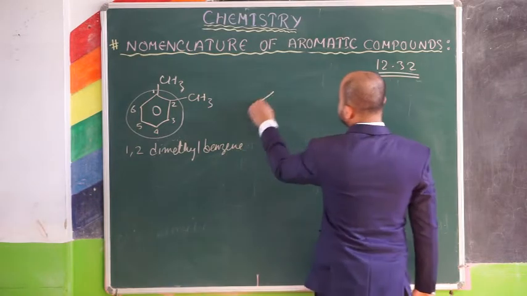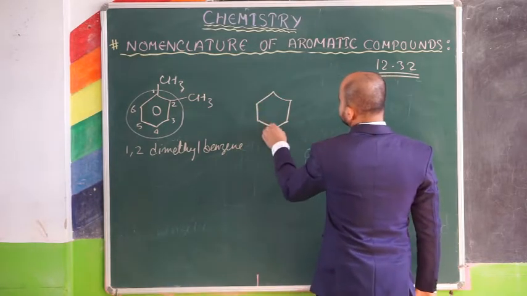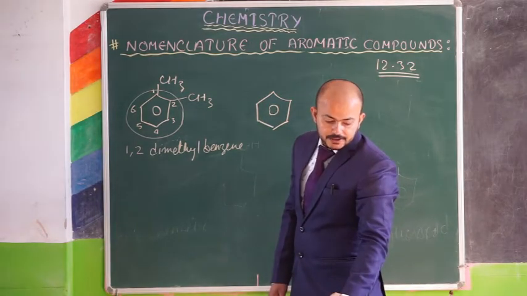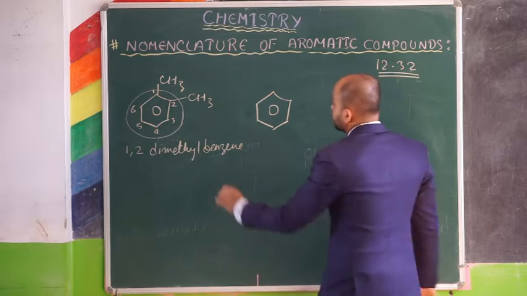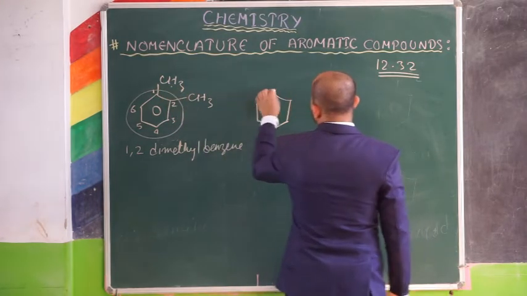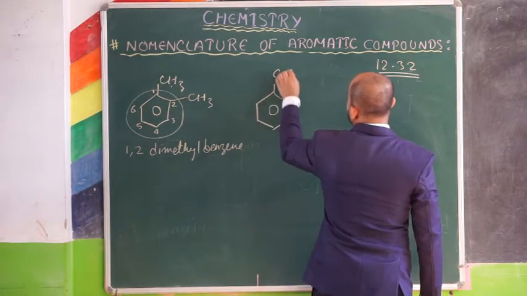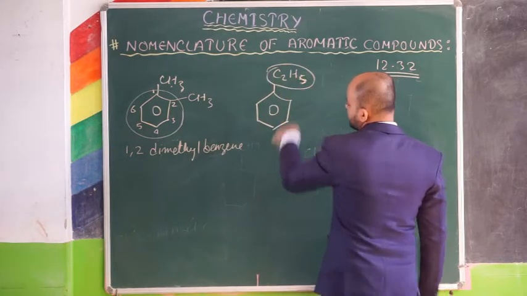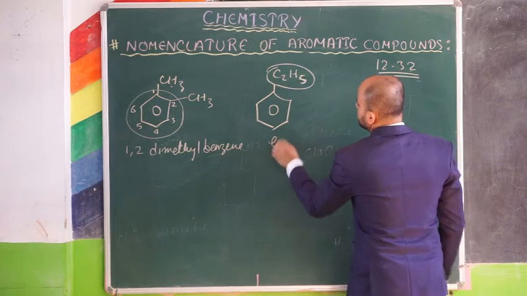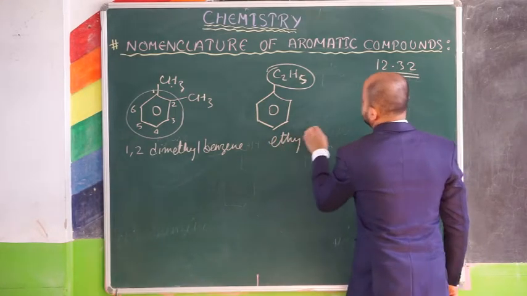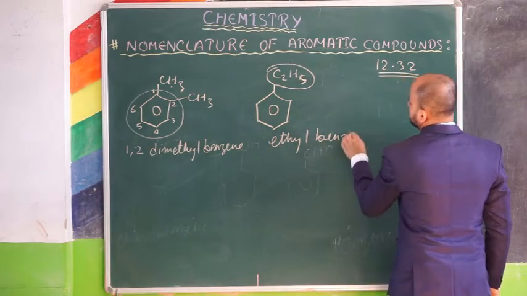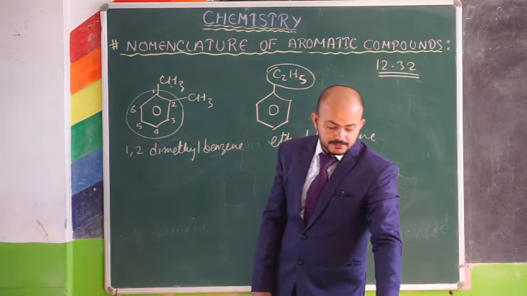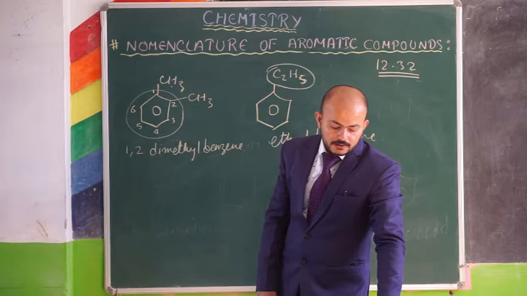Similarly, if instead of a methyl group you have C2H5, which is the ethyl group, then its name would be ethyl benzene. Let's take some more examples.